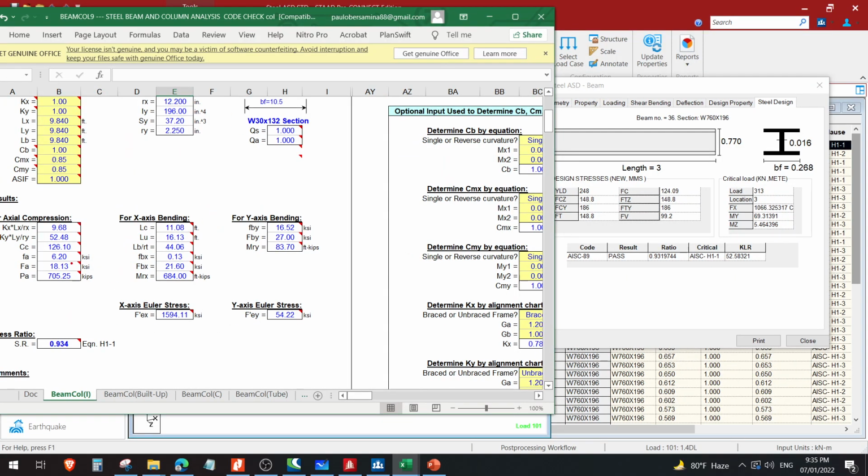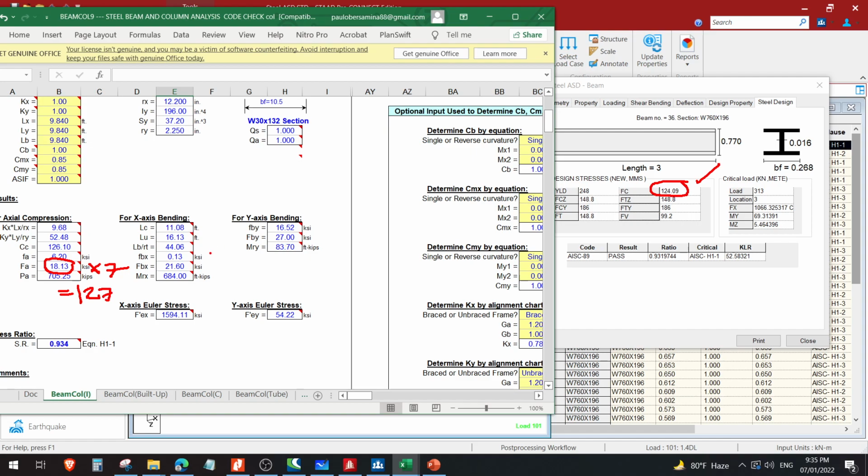So yung allowable axial compression niya is 18.13, which is this 124. Okay, so times 7 natin to. So that's pretty close. 127 ang nakukompute ko. Okay, which is pretty close sa 124.